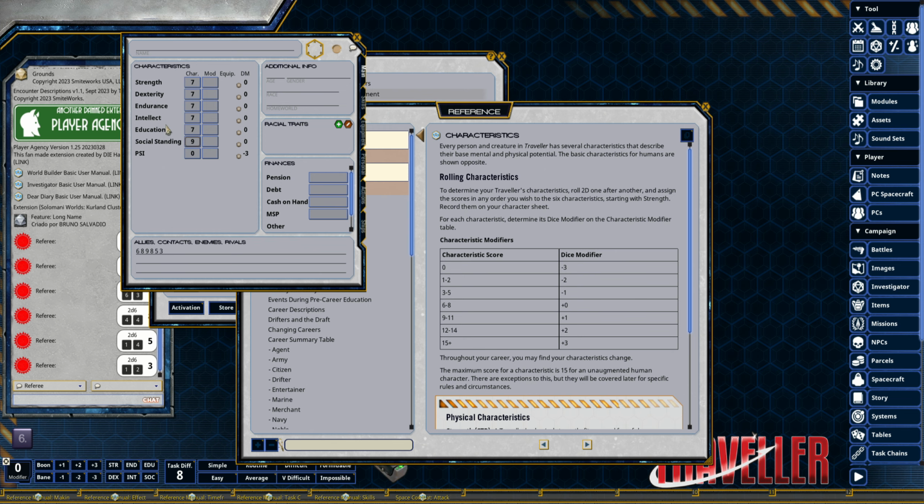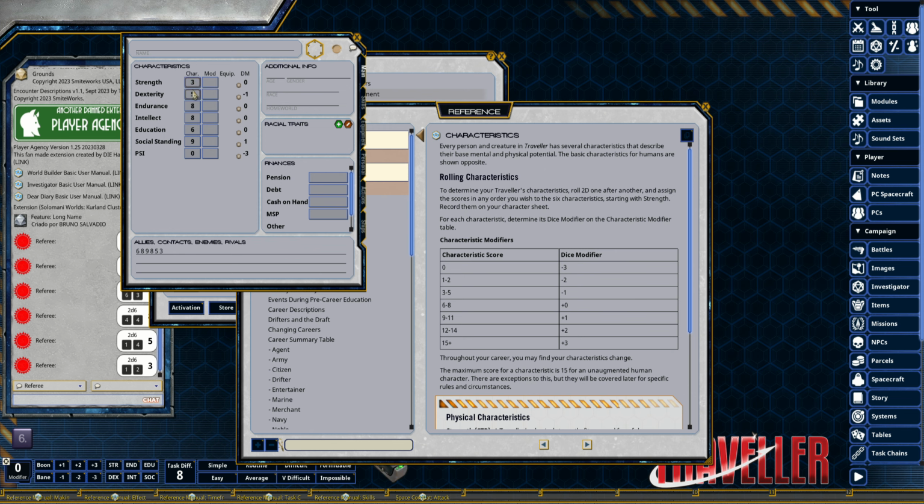I'm going to put an 8 in endurance, an 8 in intellect. Let's put the 6 in education. The 5 in dexterity, and that nasty 3 we'll go ahead and put in strength.